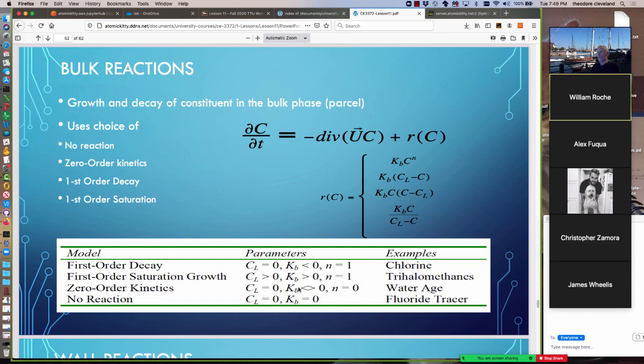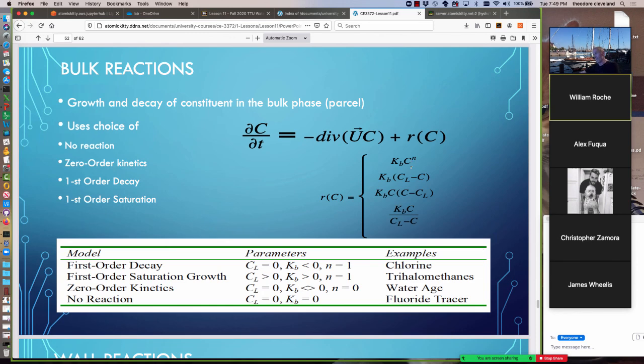And zero order kinetics is a tool for estimating the age of the water. And then first order saturation growth is a lot like the Michaelis-Menten relationship that you had in environmental engineering. I think they are variants of one another. And then first order decay is very much like radioactive decay that you would have had back in your physics class.